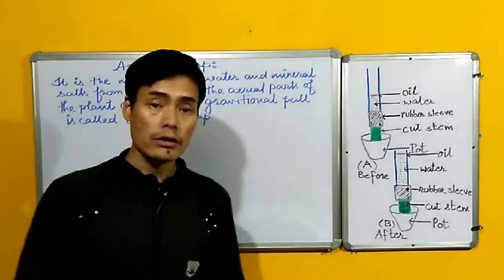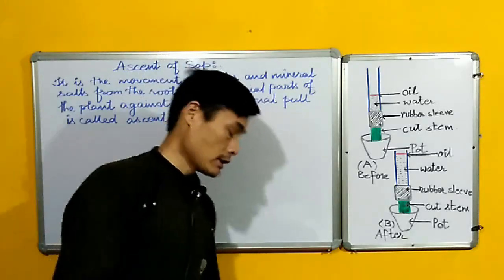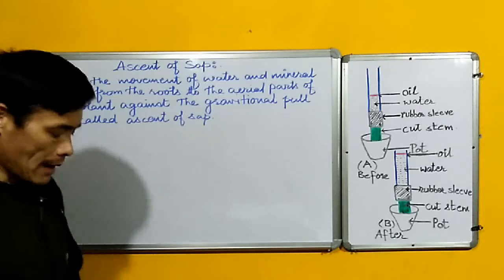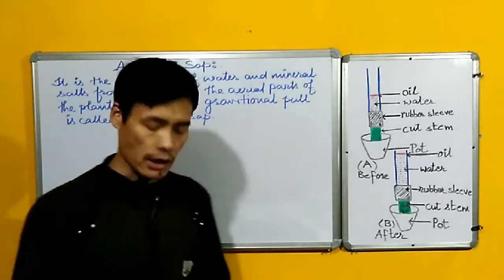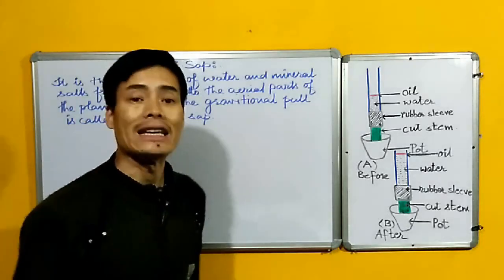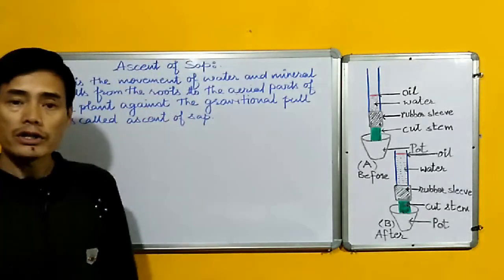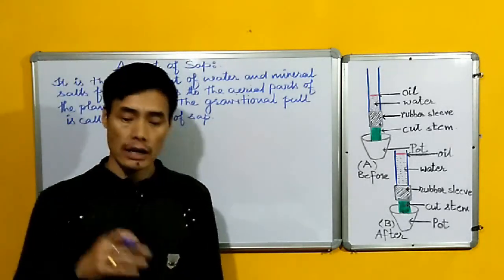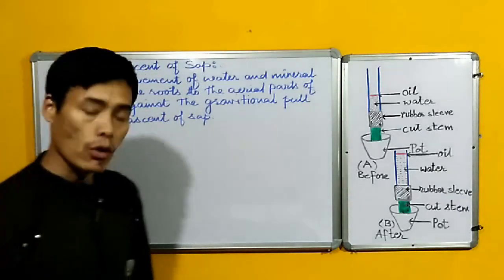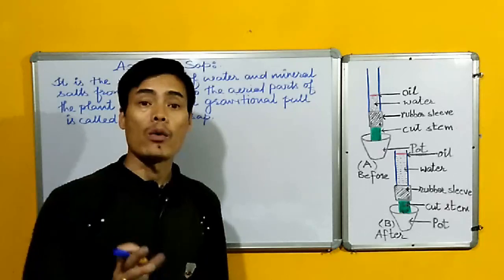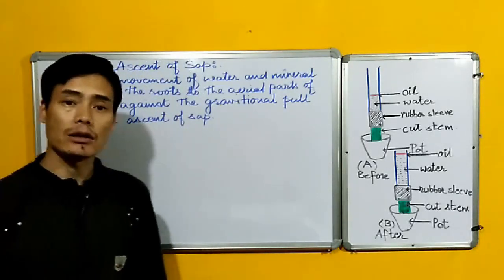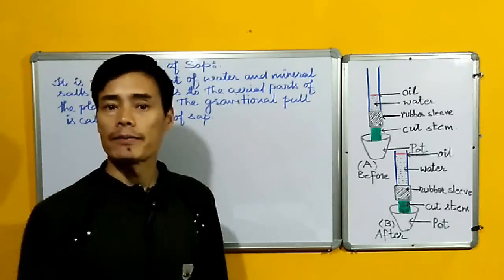There are a lot of theories explaining ascent of sap. And today we are going to understand some of these causative forces that are involved in the upward translocation or upward movement of water and minerals in plants against the force of gravity.